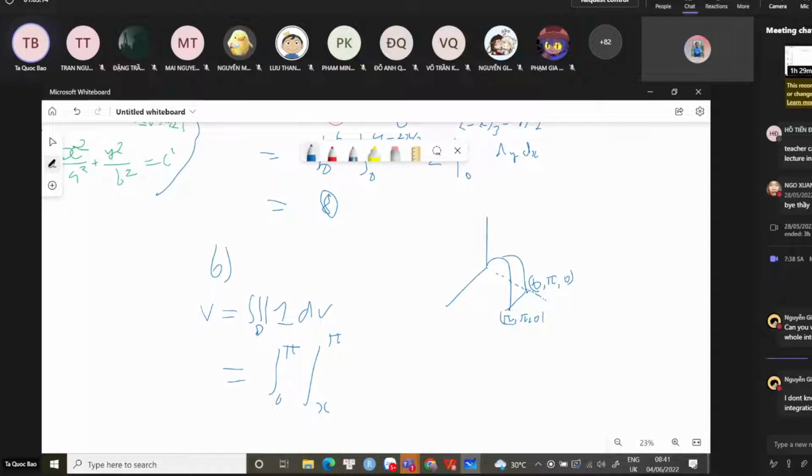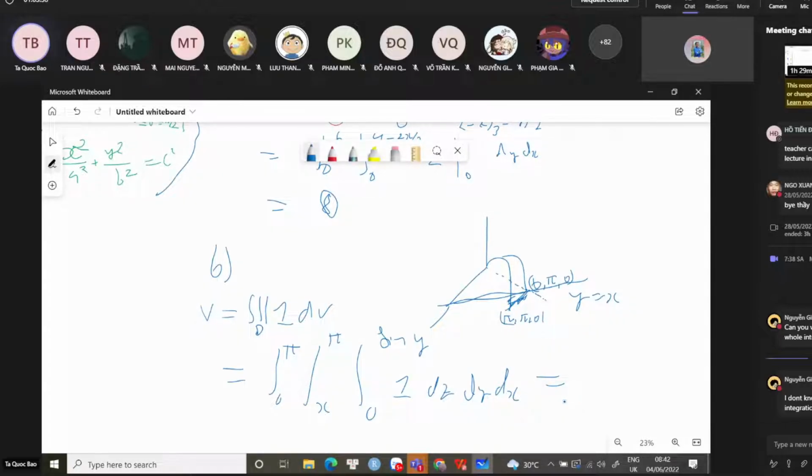So look at here, maybe I draw this, it's better. Yeah, this is like this. This line is y equal to x. Therefore, you have y from x to pi, and z from 0 to y, 1 dz dy and dx.